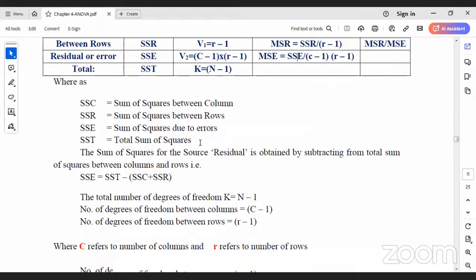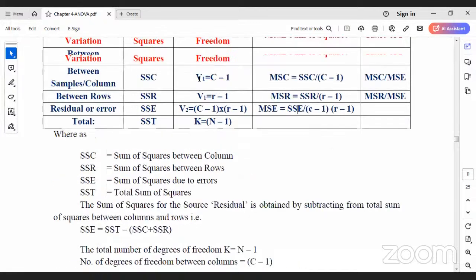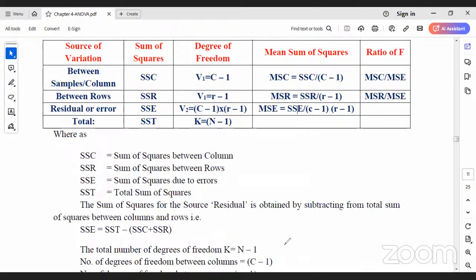The sum of squares for residual is obtained by subtracting the sum of squares between columns and between rows from the total sum of squares. So in the given problem, we are going to find the values for SSC and SSR and SST also. These three rows, we are going to find the values for these. But to get the SSE value, a small procedure is there.